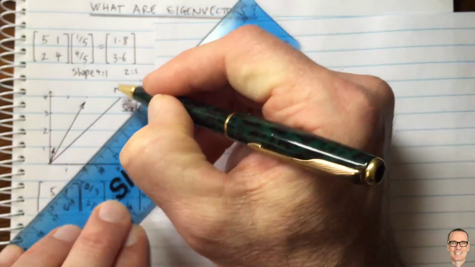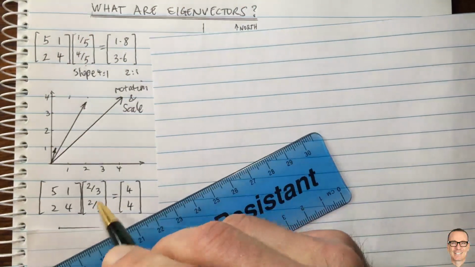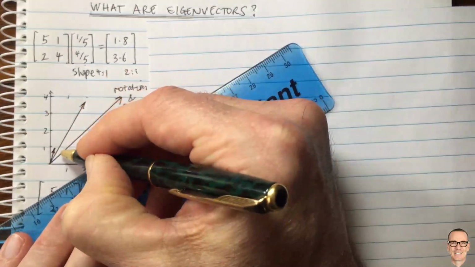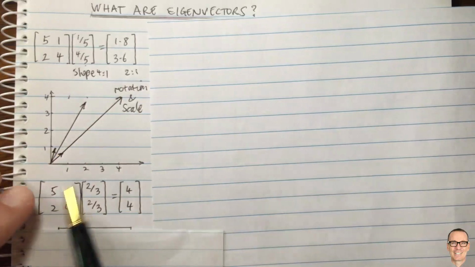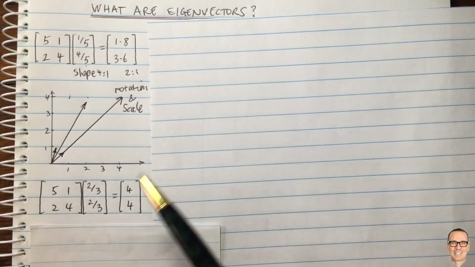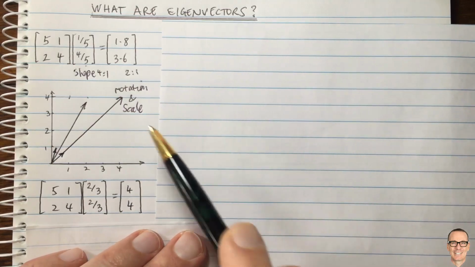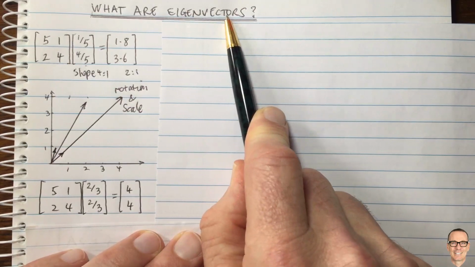So the slope has not changed. There has not been a rotation because the input is 2/3, 2/3. That's this vector here, the input vector. So now we've got an example where the only thing that's happened is a scaling. And actually, this is an eigenvector.